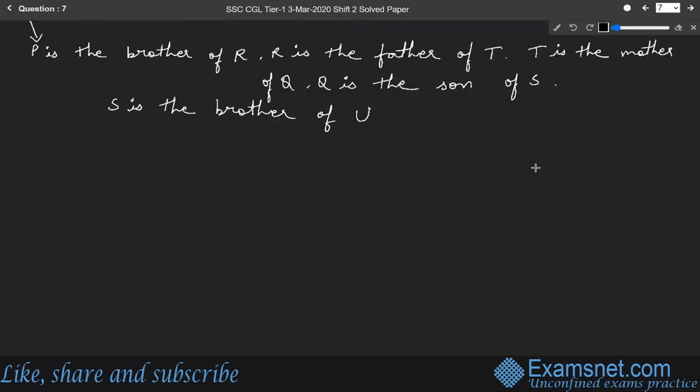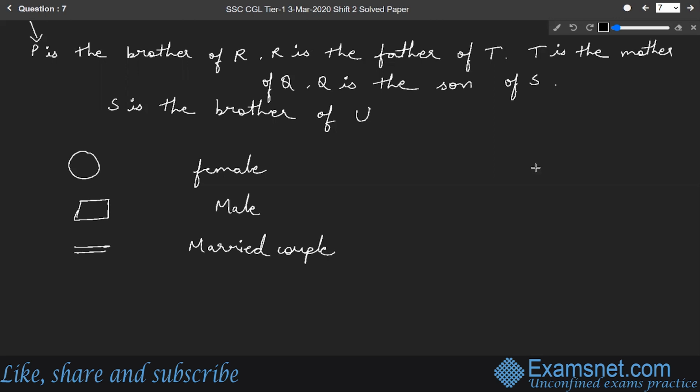Let us make the symbol of circle as female and square as male, double line as married couple, then single line means siblings, then a straight line means difference of a generation.